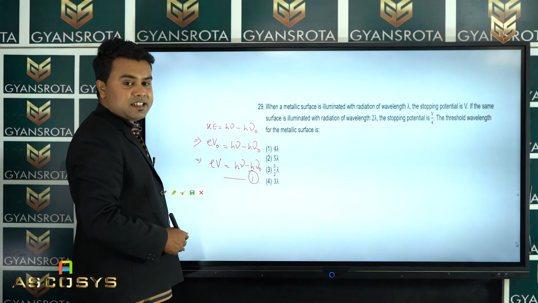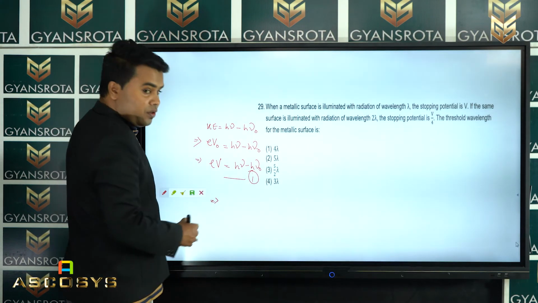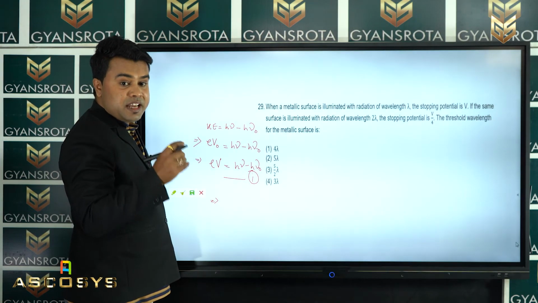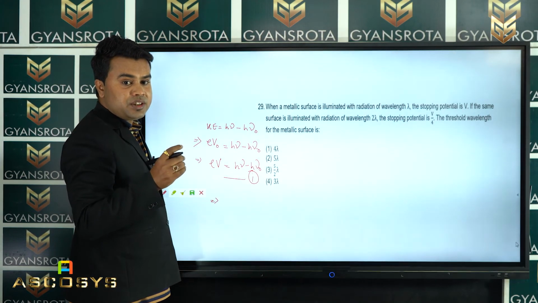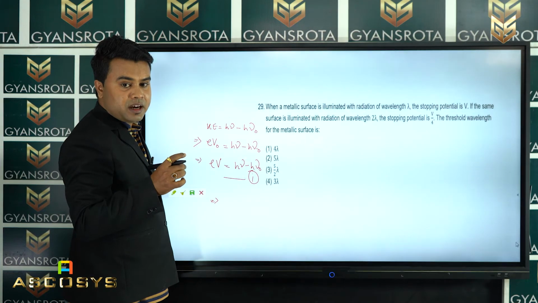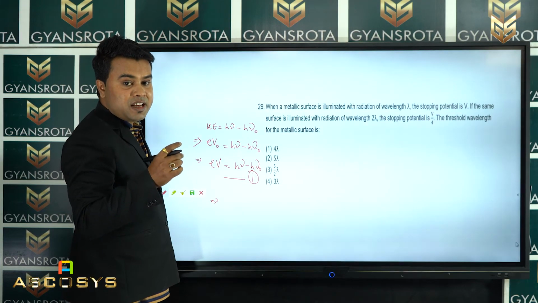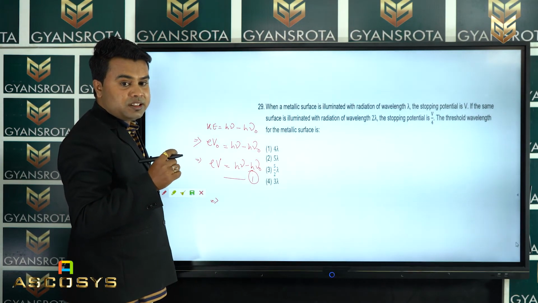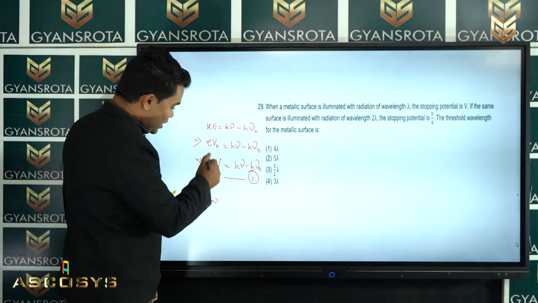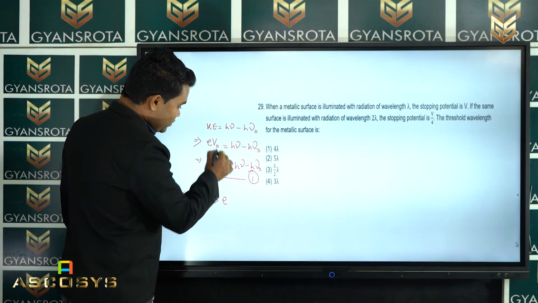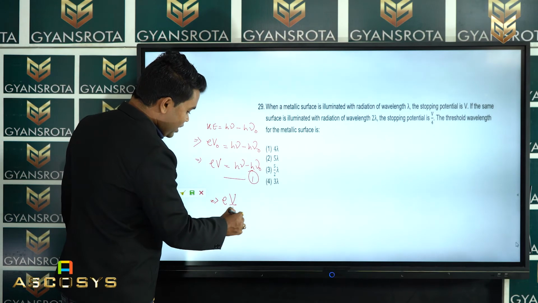And in the second case it is saying that for the same surface, if the radiation of wavelength is twice lambda, the stopping potential is V by 4. The threshold wavelength for the metal surface? Now in place of stopping potential, it will be V by 4.